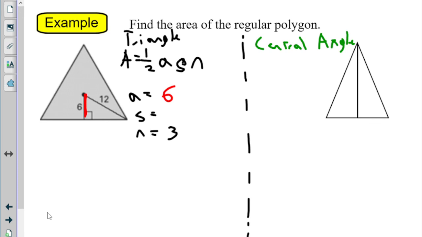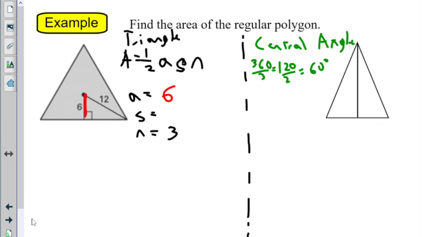There it is. Remember, it needs to get cut in half.